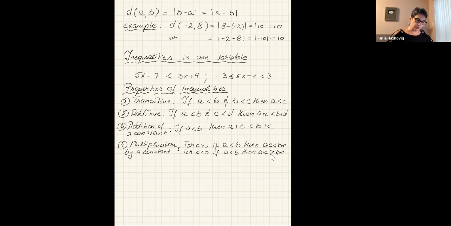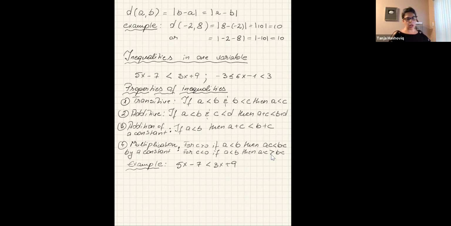Here are some examples. Let's say that you have this inequality that you want to solve, the first one that I just put there, 5x minus 7 less than 3x plus 9.